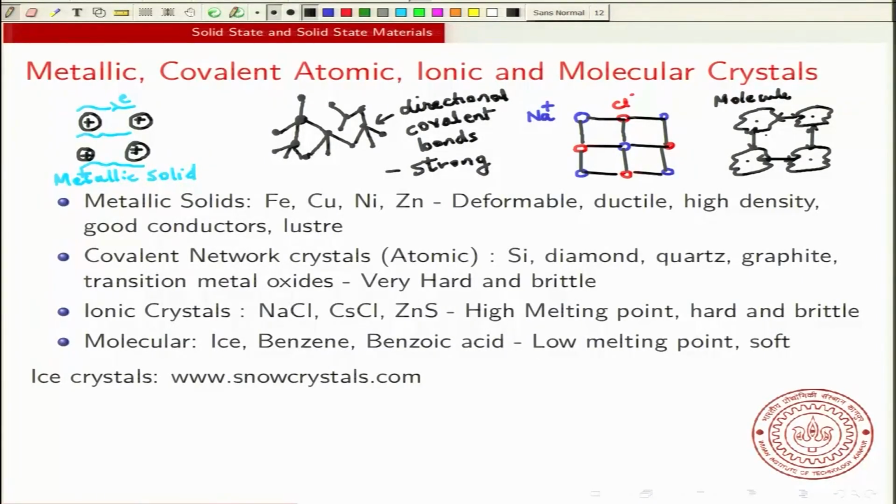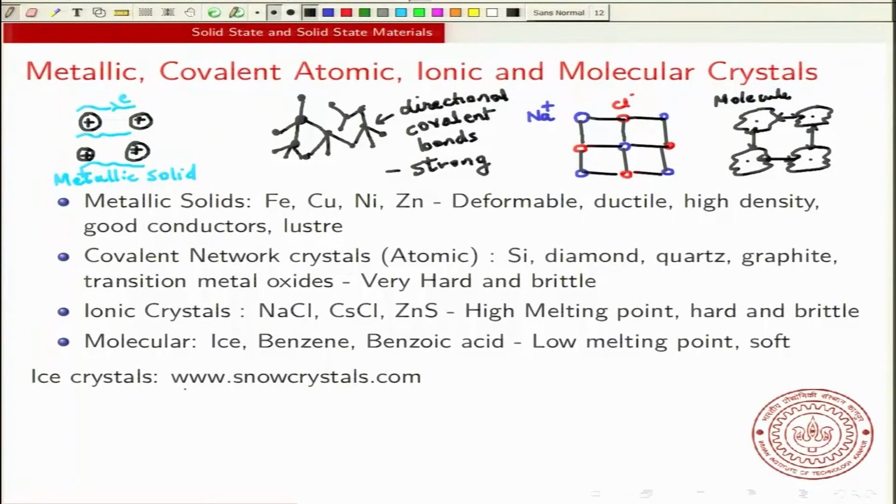Now, incidentally, I mentioned ice as a molecular crystal. I should say that the structure of ice, both the crystal structure and the crystal shape, has attracted a lot of interest from several groups, and it is a topic of both scientific and artistic interest.